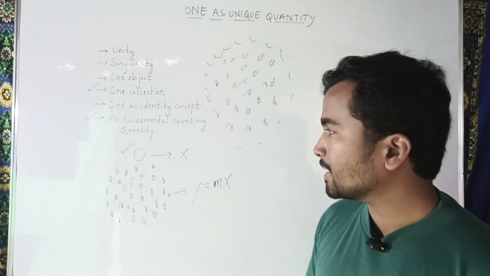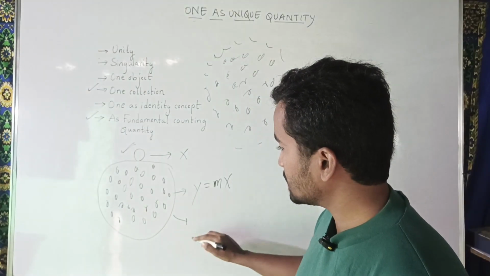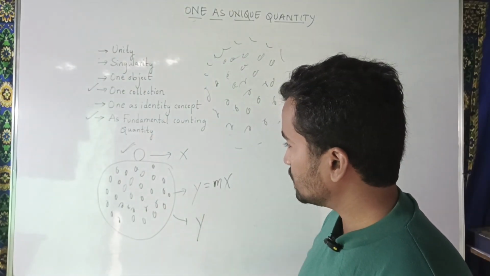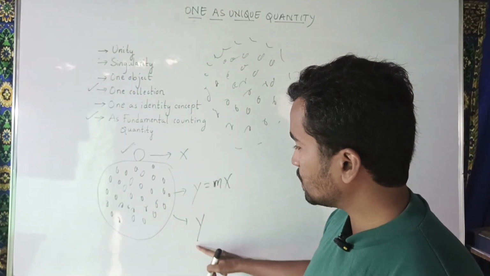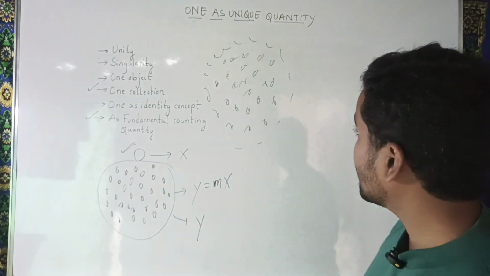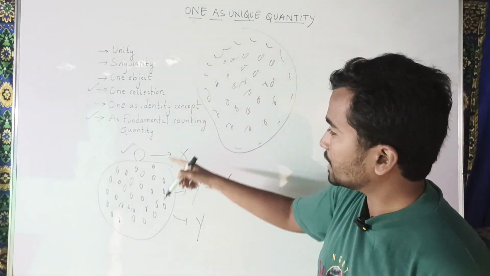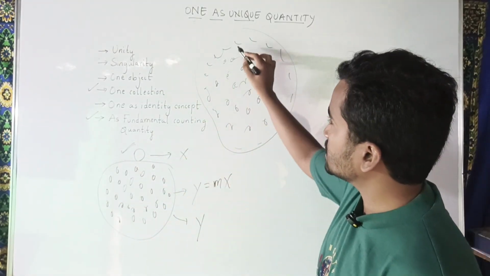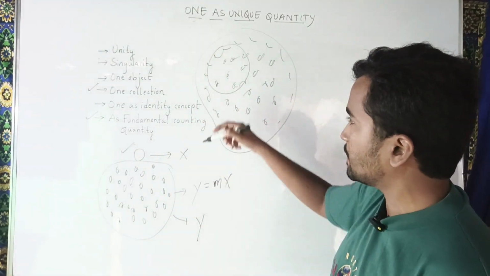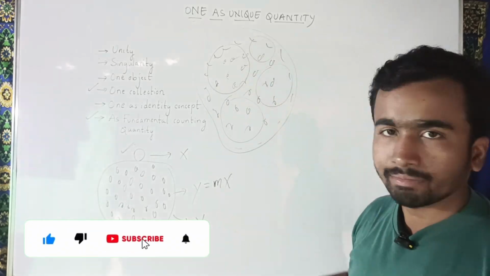In order to simplify that, this collection of elements is considered as a unit quantity with a random notation, let me call it as y, right? Now with this notation, we just count how many such collections are present here. Suppose this collection is present over here, over here, over here, over here, right?